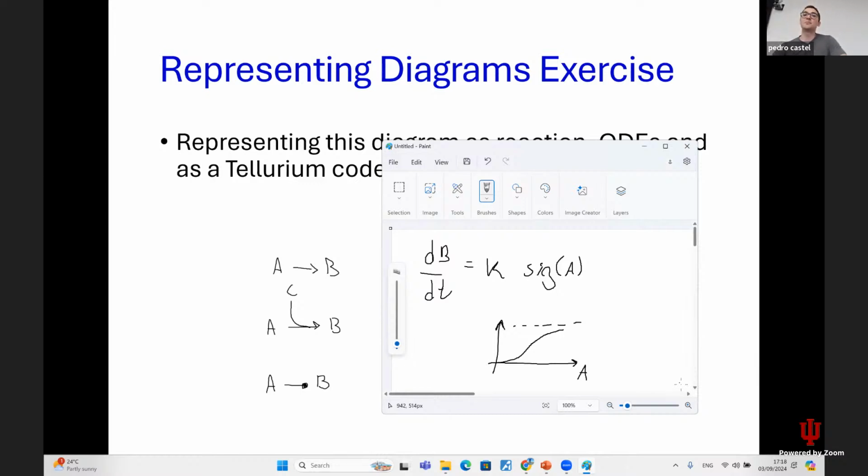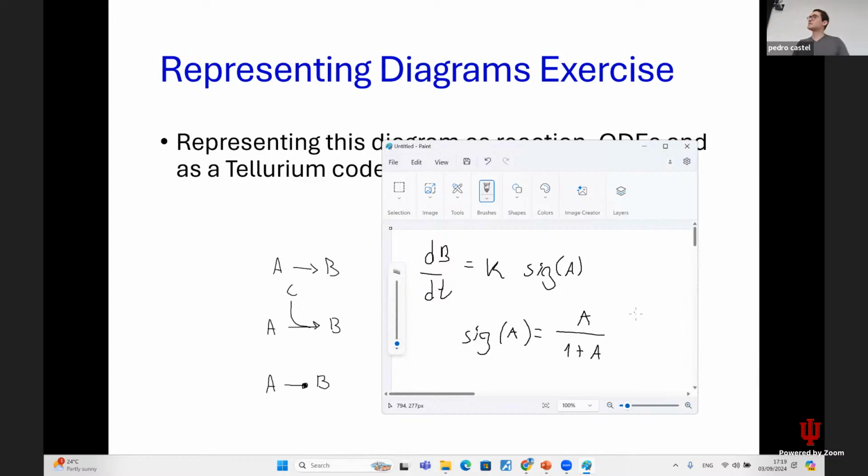One very simple sigmoidal function is, instead of writing sig A, you can use this: sig A is A over 1 plus A. Does that make sense? What is the behavior of this function? If A is 0, you have 0. If A is 1, you have 1/2.